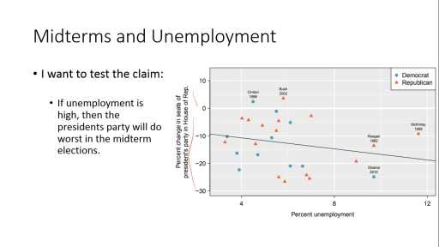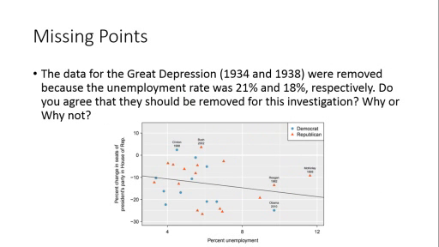The first thing I want to ask, though, is that 2 points on here are missing, which, if you know a lot about history, you'll go, wait a second, there are 2 points missing from here. That's during the Great Depression in 1934 and 1938. Those have been removed because the unemployment rates were 21% and 18% respectively.